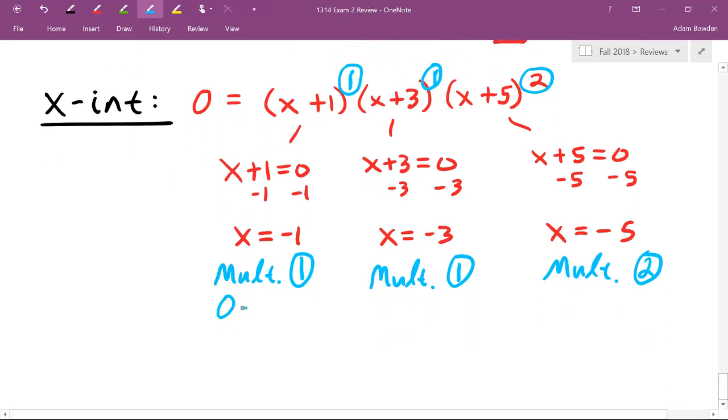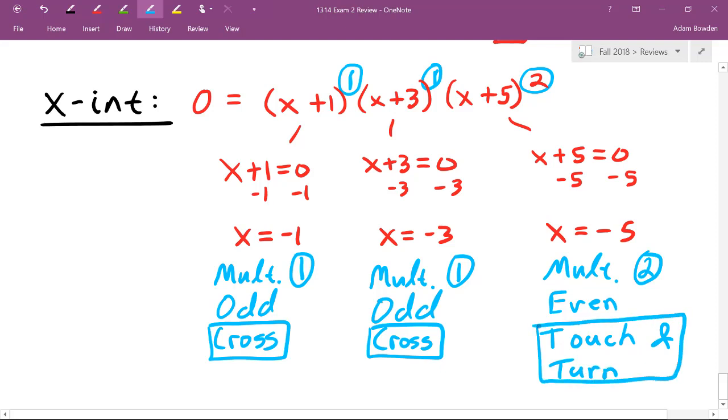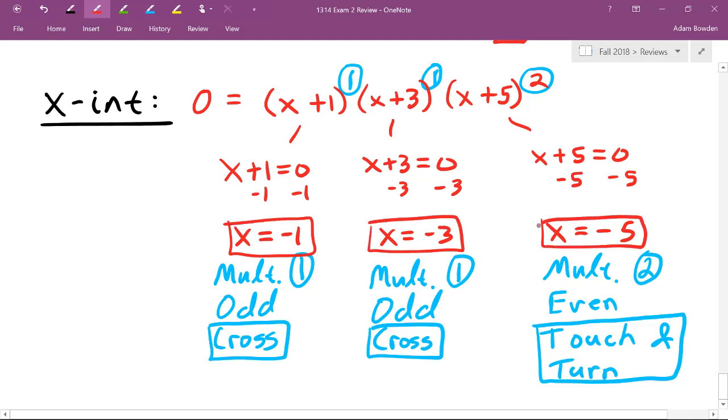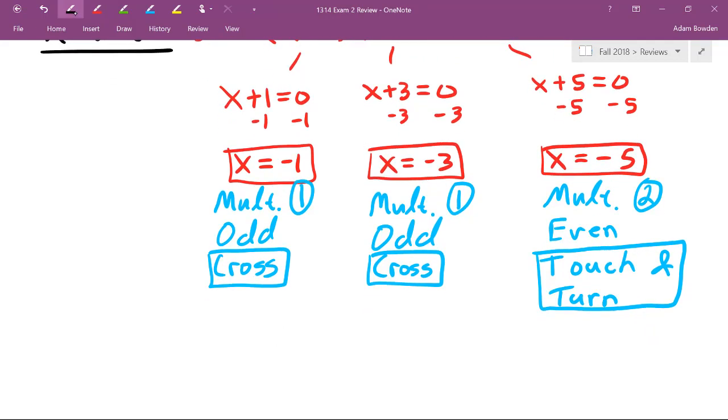Since these are odd numbers for multiplicity, these are going to cross at those intercepts. Since this multiplicity is an even number, then we'll get the touch and turn at this intercept. Alright, so we got our 3 intercepts and what's going to happen at each of those intercepts.